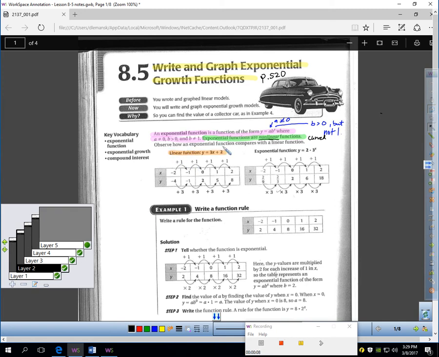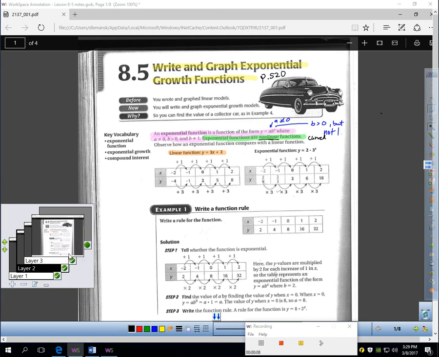Observe how an exponential function compares with a linear function. Let's review a linear function, y equals 3x plus 2. They made a little table in their calculator of this, and I want you to notice on the table, as x goes up 1 each time, y would go up 3.